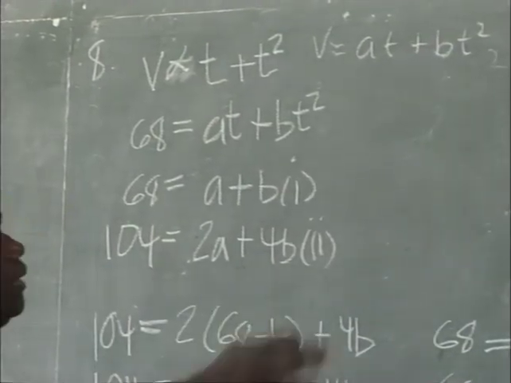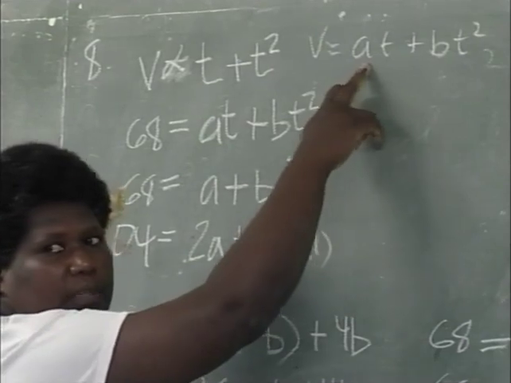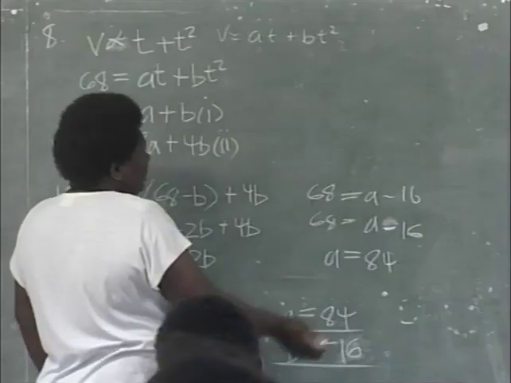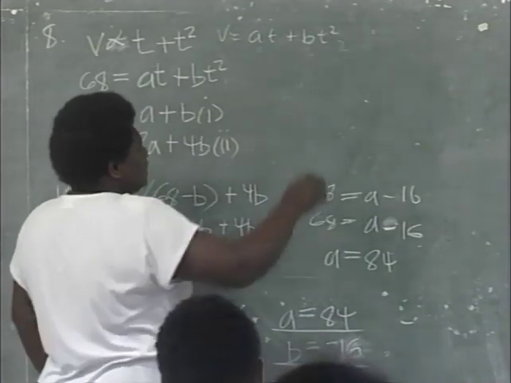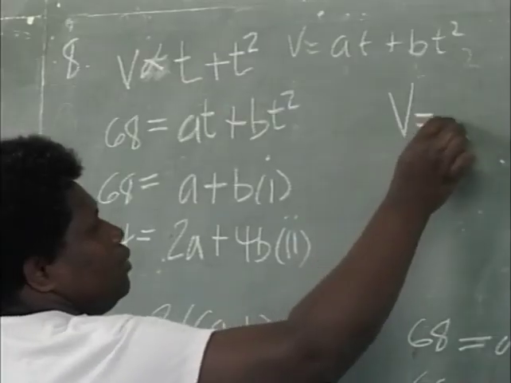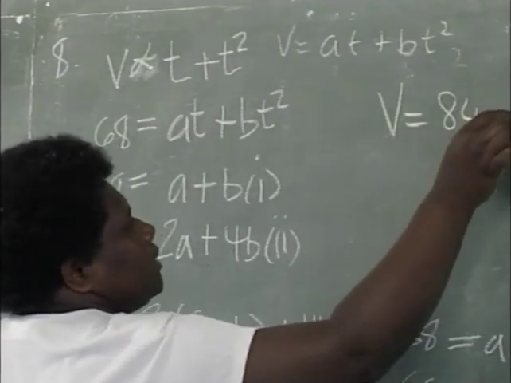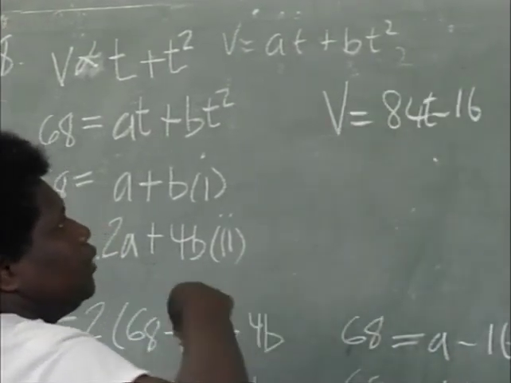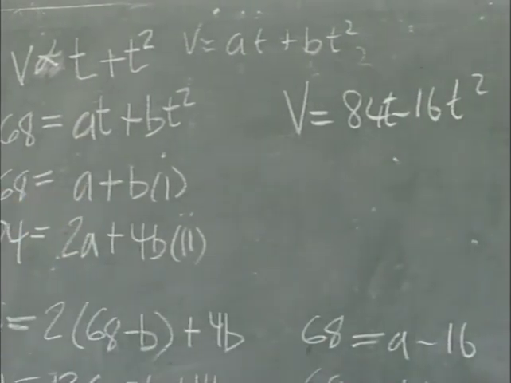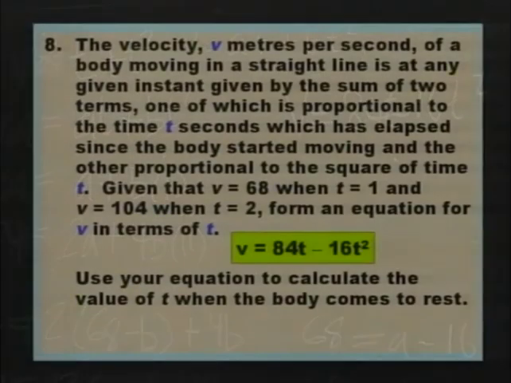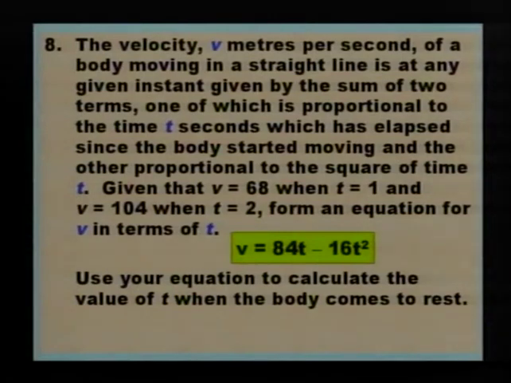Okay, so because we need an equation, we'll just have to replace that with A, which is 84, and B for negative 16. So the equation is V is equal to 84T minus 16T squared. Okay, that's the equation for part A.